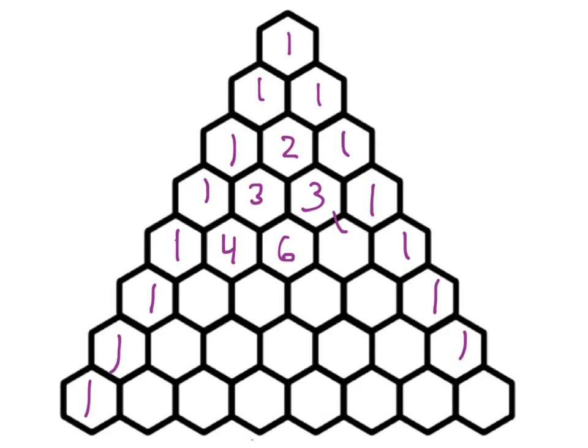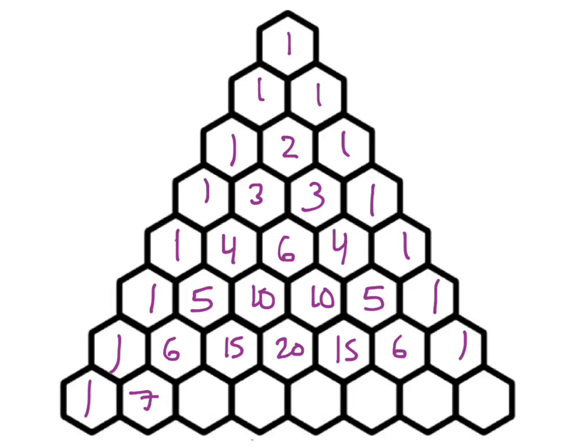And 3 plus 1 is 4. And so on. So this would be 5, 10, 10, and then 5. This would be 6, 15, 20, 15, and then 6. Then 7, 21, 35, 35, 21, 7, and then 1.